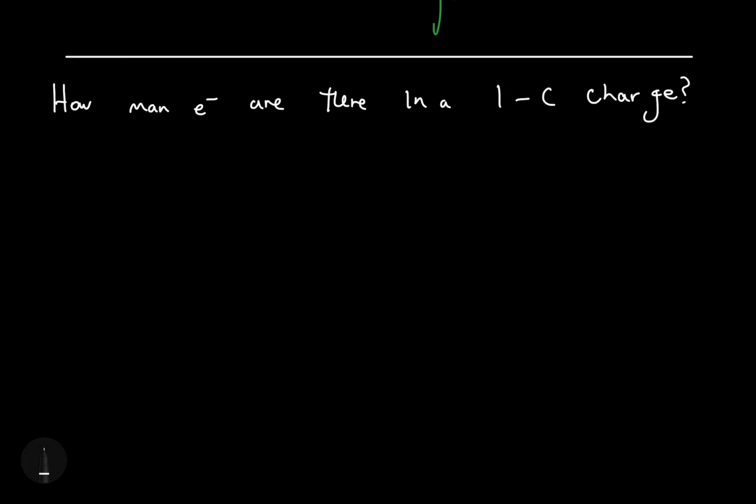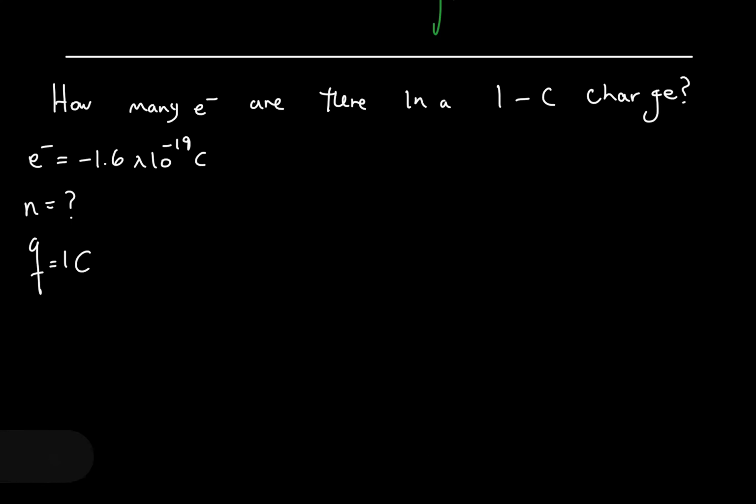Well, we know that E is a constant number, negative 1.6 times 10 to the power of negative 19 coulombs. We're looking for the how many, so we're looking for N basically. We know that the charge is 1 coulomb.